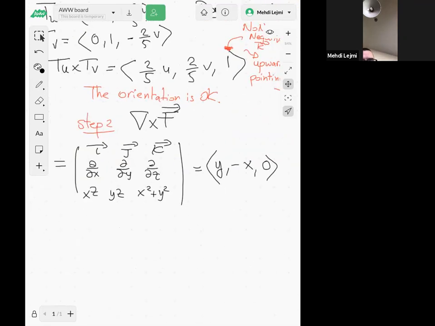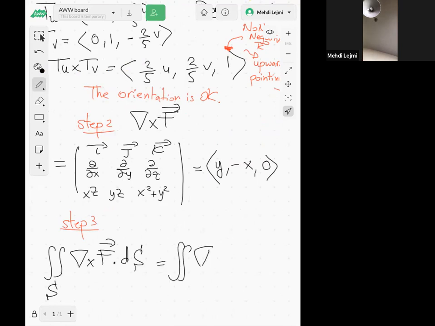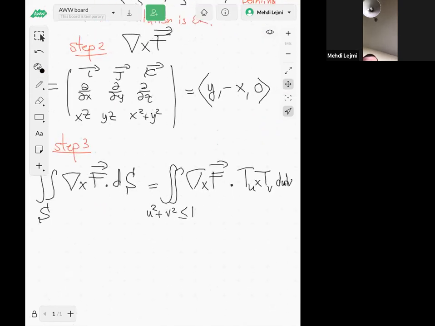We are good to go, and we can compute step 3. So we can evaluate the curl of F, scalar product with T_u cross T_v, du dv, over the domain u squared plus v squared less or equal to 1. So the curl of F is y minus x.